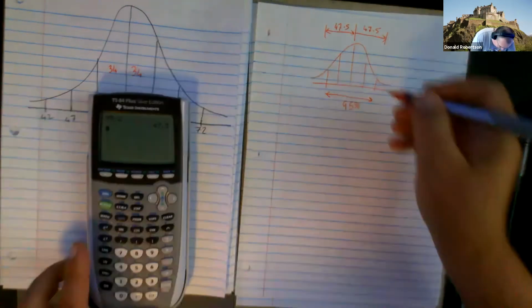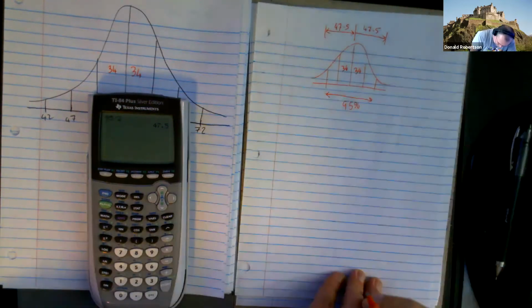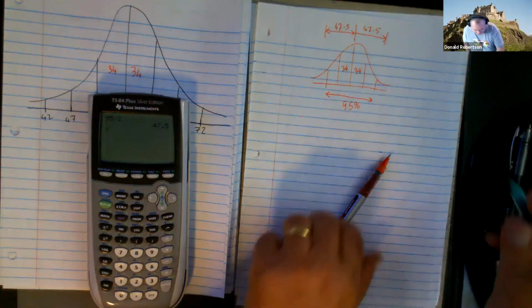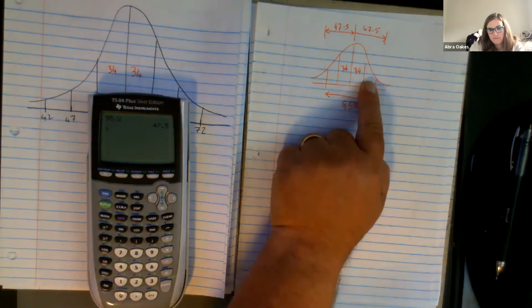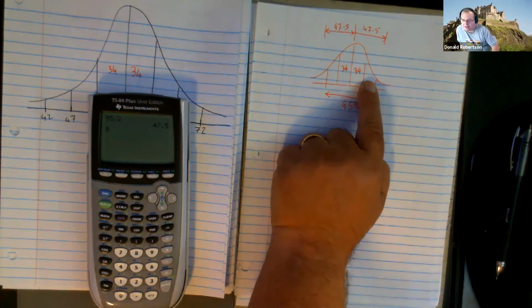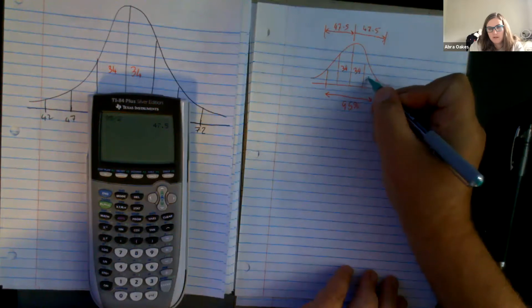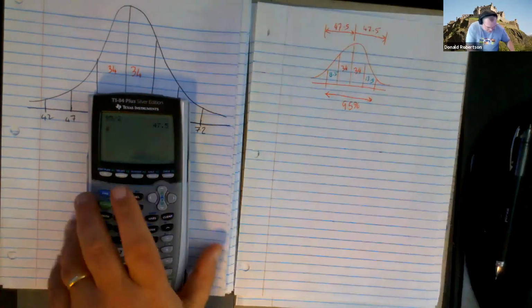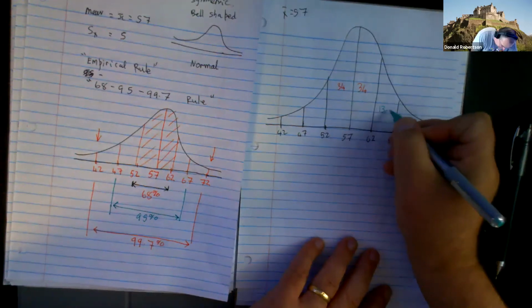Now, this piece we already know is 34, and this piece here we already know is 34. So what's this piece going to be? 13.5. And how did you get it? Because you're right, I just took the 47.5 and subtracted the 34. Does that make sense to everybody where this piece comes from? So back to my picture, I'll put this 13.5 that we just said, and since it's green, I'm going to keep it as green.